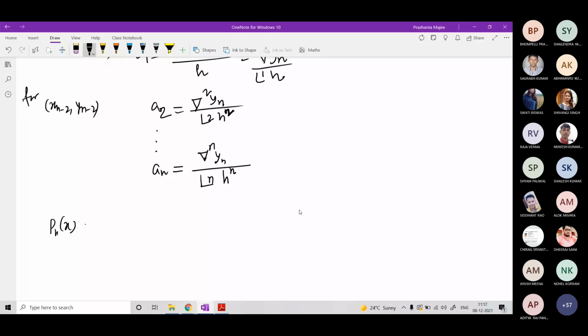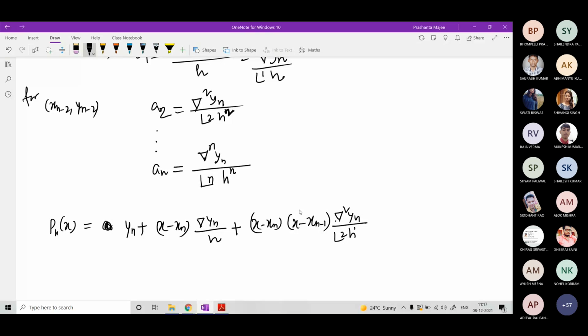They will be a naught, which is basically yn, plus x minus xn into nabla yn by h, plus x minus xn into x minus xn minus 1 into nabla square yn factorial 2 h square, up to the last term.